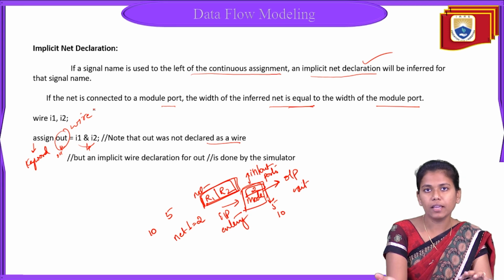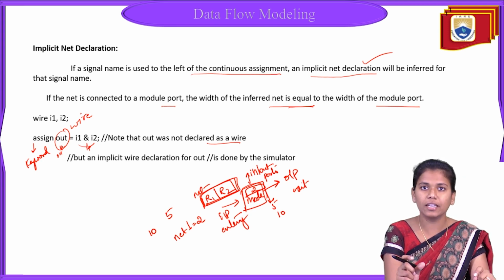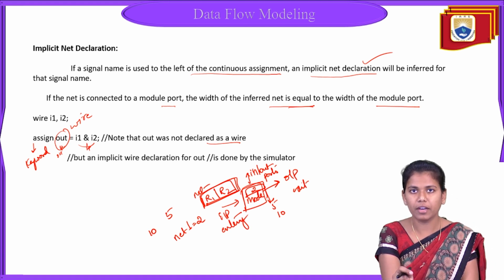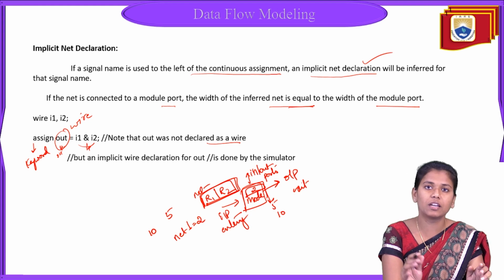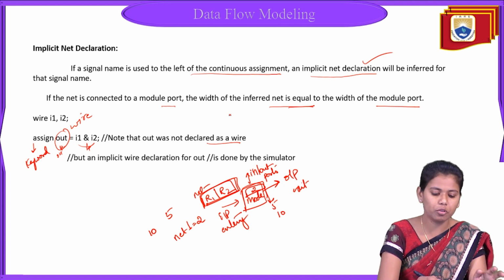In the previous implicit continuous assignment we declared it with the keyword wire, but in the net declaration, wire is not needed.